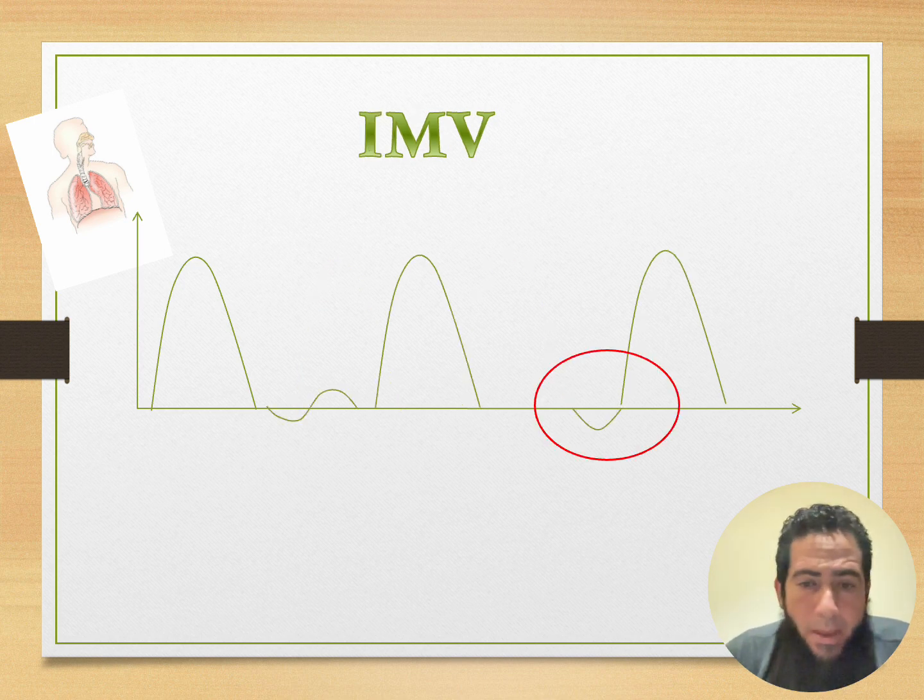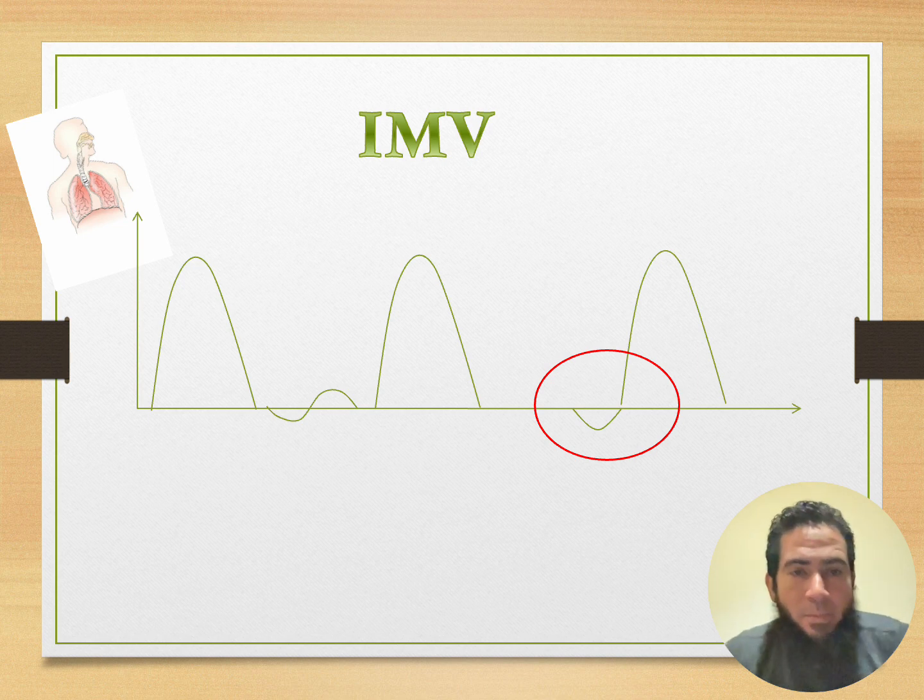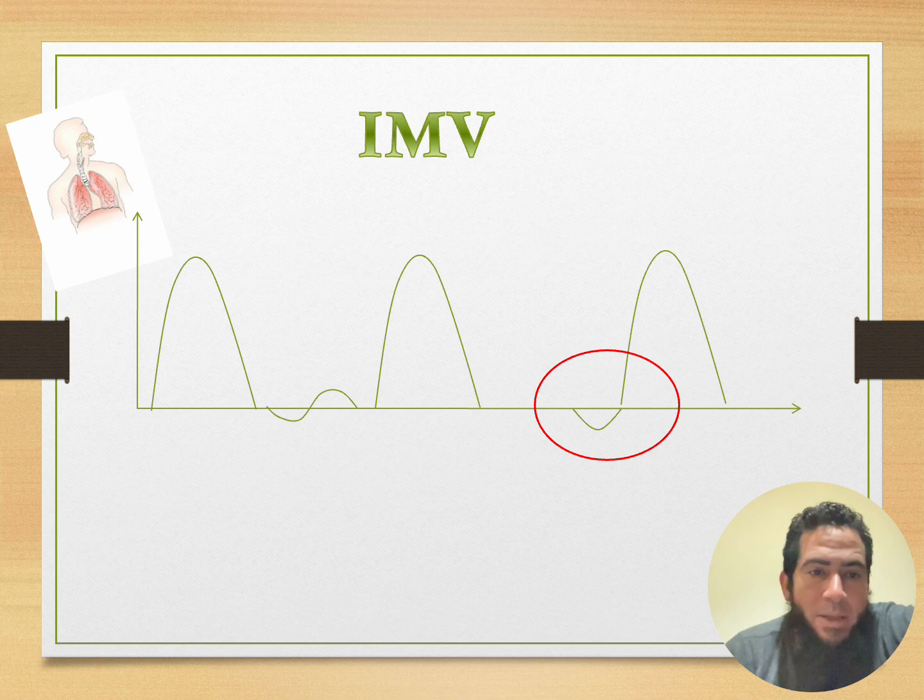So now the next one we need to know about is the IMV, which is intermittent mandatory ventilation. For this mode, it's also a repetition of mandatory volume or mandatory pressure, but in between each two breaths, the patient is allowed to take spontaneous breathing.